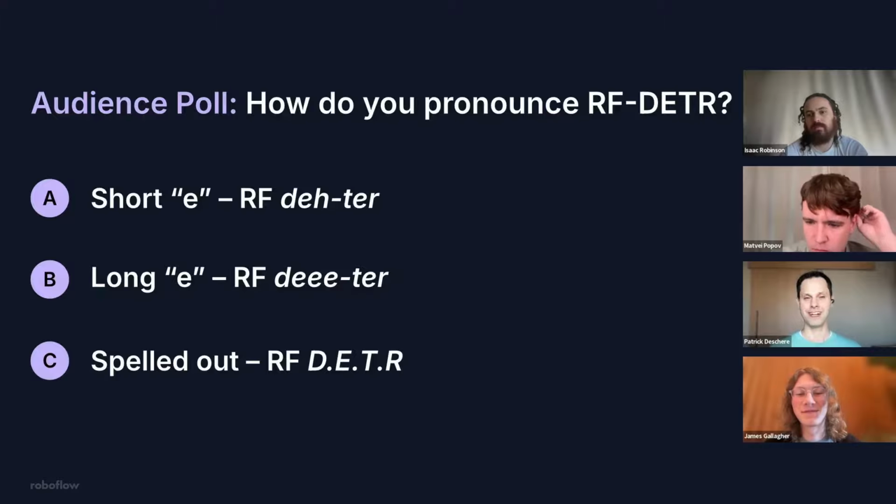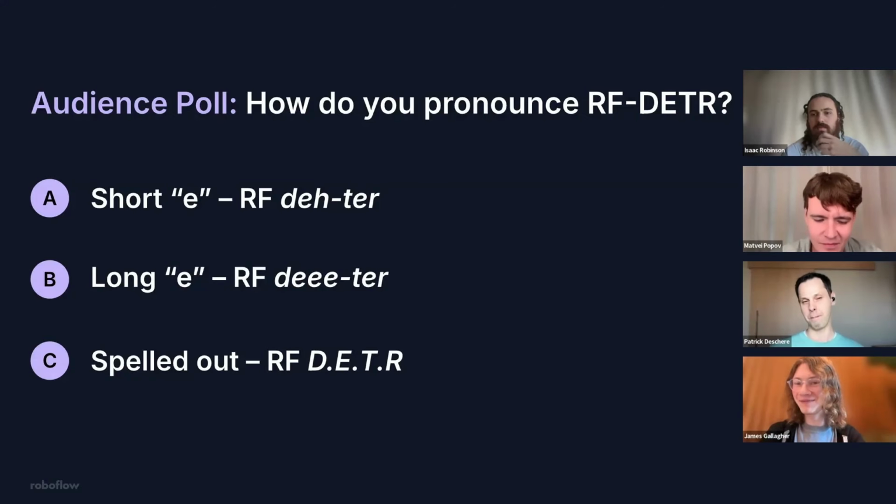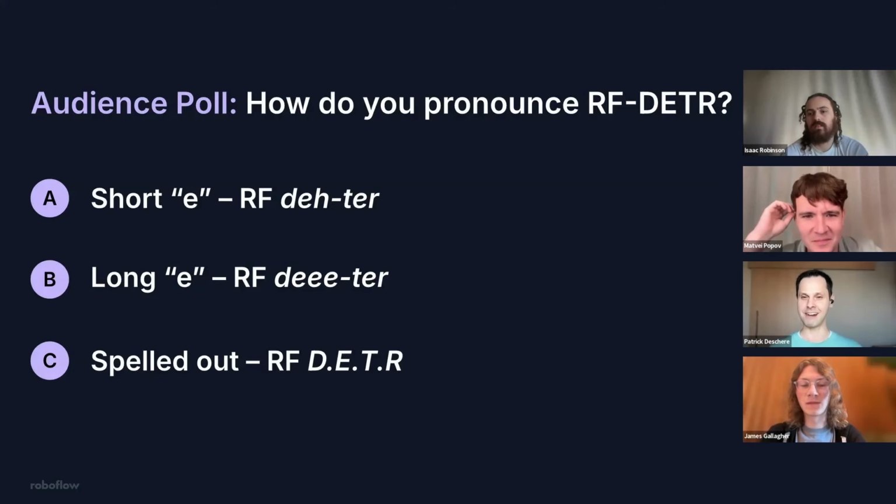I have three options here. One is A, the short E. You say it kind of as a word, RF-DETR, as I think maybe the three of us have been saying it on this call so far. B, you say it as a word, but with a long E, RF-DETR, I've heard some people say. Or do you spell out this acronym, RF-DETR?